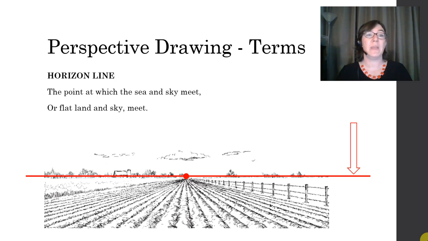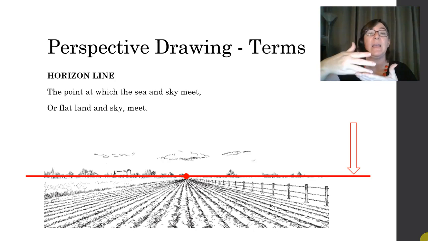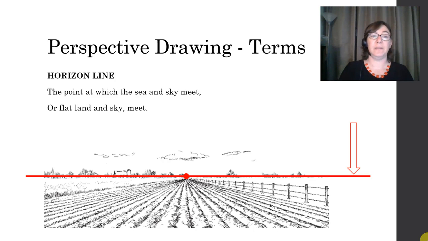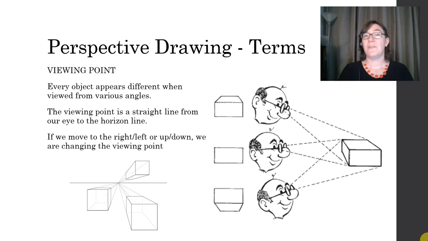Our next term is horizon line. In this example, it's this big red line. The horizon line is the point at which the sea and the sky meet, or perhaps the flat land, as in this example, and the sky. Viewing point. Every object is going to appear different when viewed from various angles.